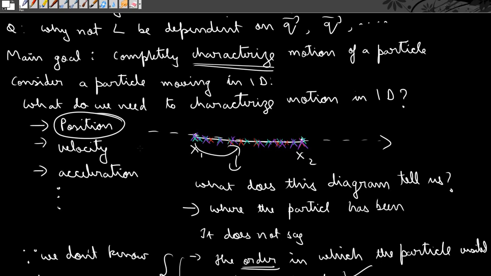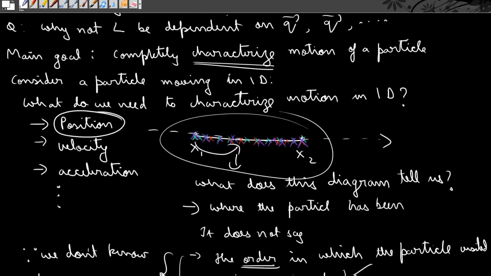I want to emphasize here that this diagram is not telling us the position of the particle with respect to any time scale. I have not talked about time whatsoever in this particular diagram, which gives us just the position information. So what is our conclusion?